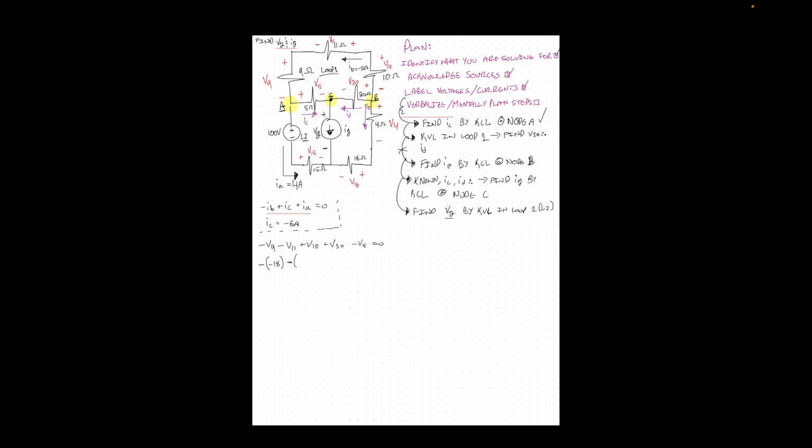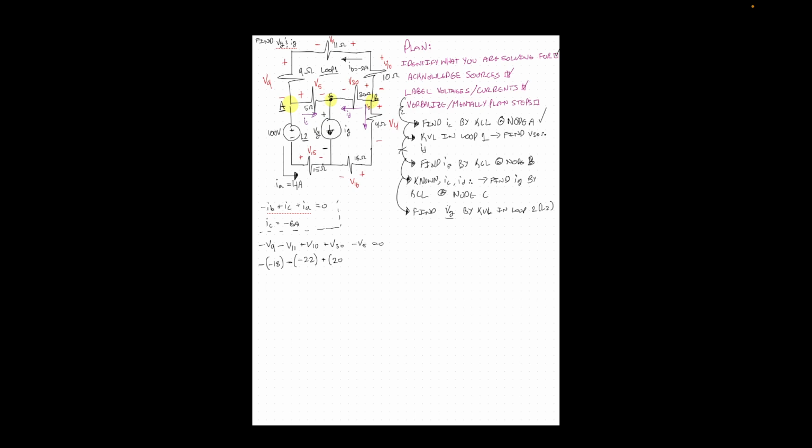My V11, like I said before, was -22, plus my V10, which, because I've chosen this polarity, is a negative V times I. So I'm going to have -10 times -2, which gives me a 20.